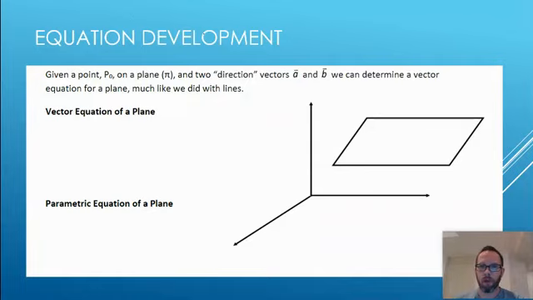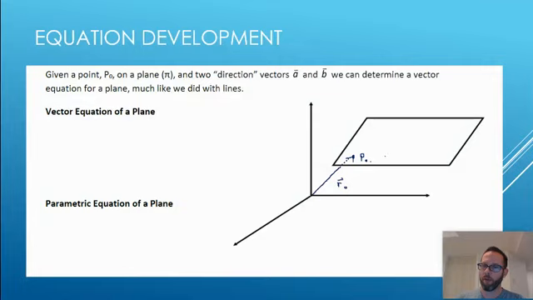On my graph here, I'm going to draw a point here, and I'm going to call it P sub 0. And I'm going to draw a vector that goes to that point, and I'm going to call that R sub 0. So that vector R0 gets us to this plane.